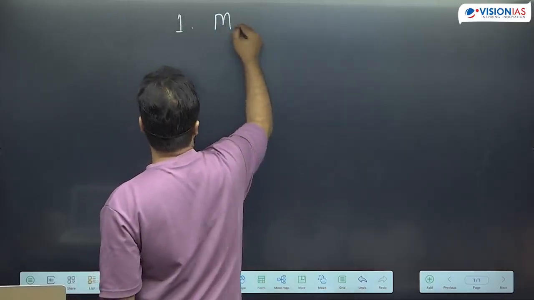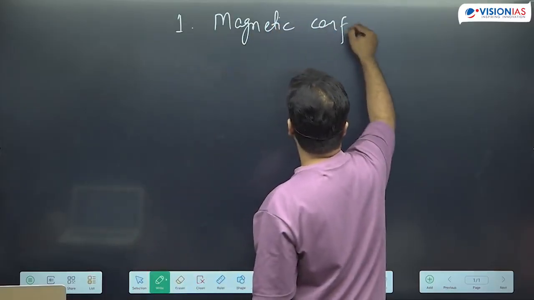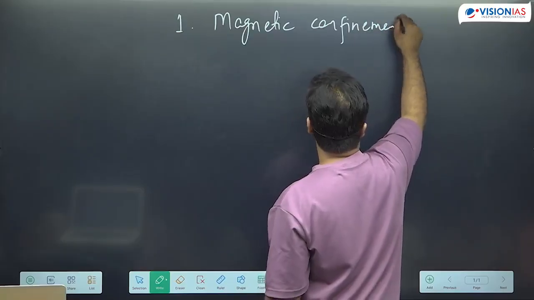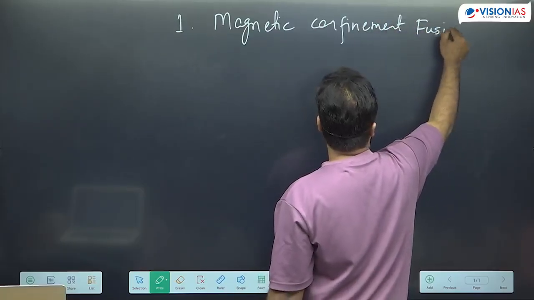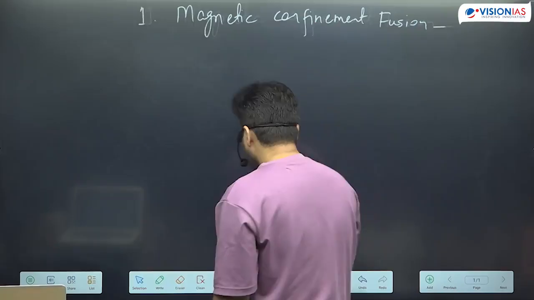First is called magnetic confinement fusion. And इसका जो सबसे बढ़िया एग्जाम्पल है, आप इसी में लिख लेना, is a tokamak.